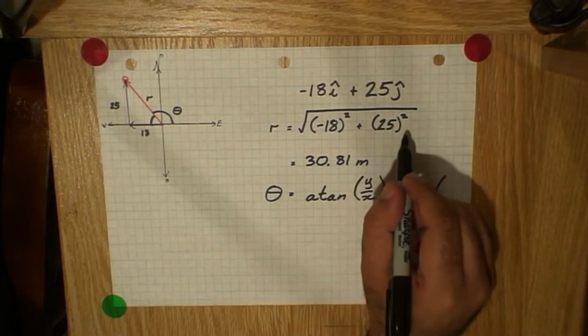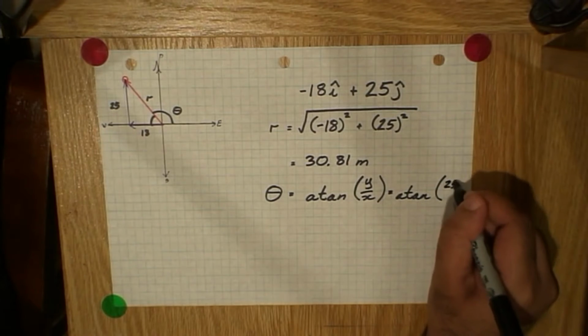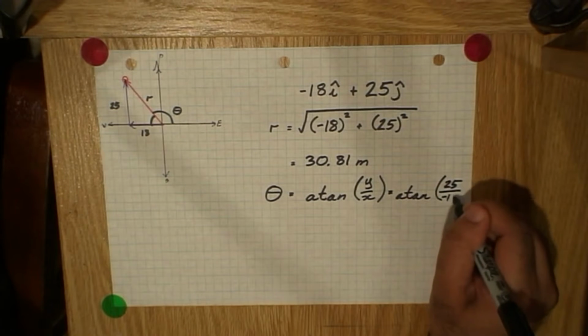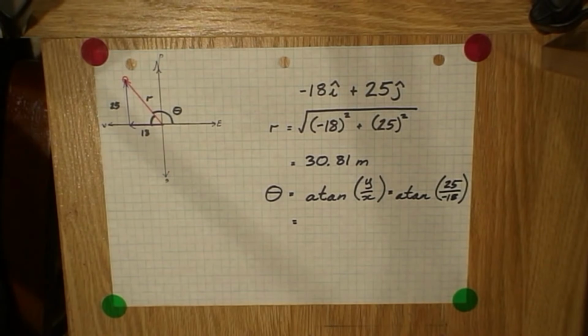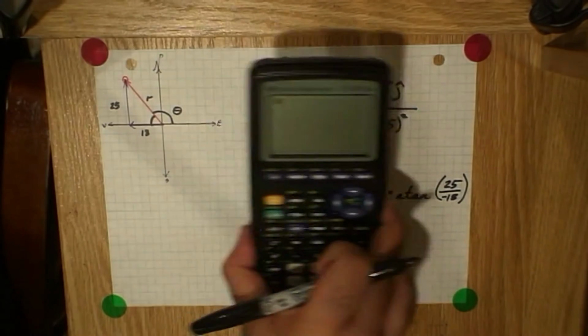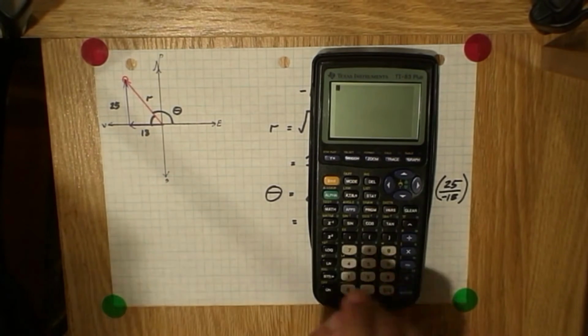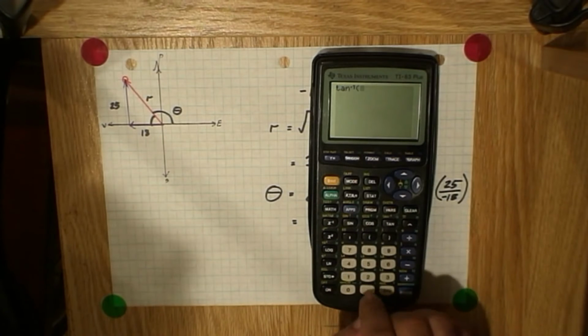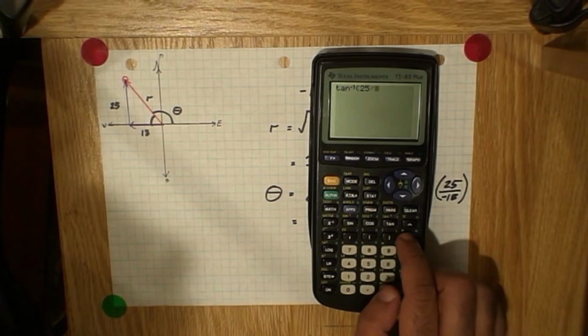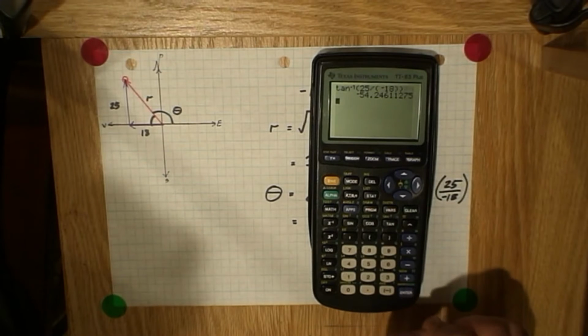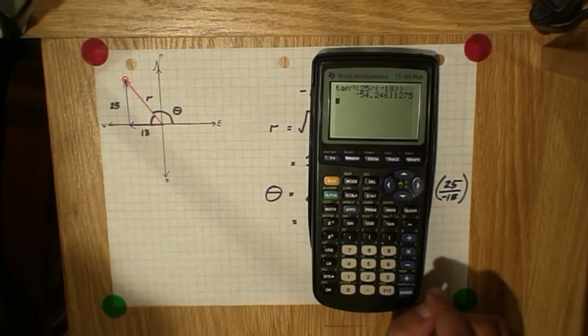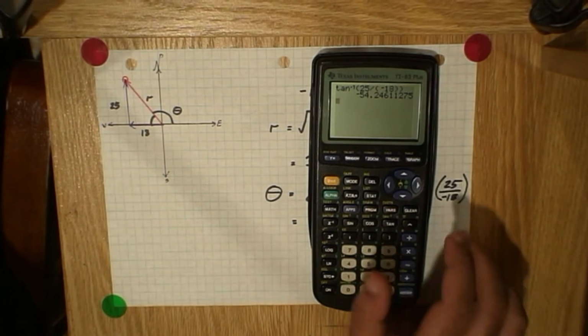Arctangent of y, which is 25, over x, negative 18, which works out to arctangent of 25 divided by negative 18, negative 54.25.